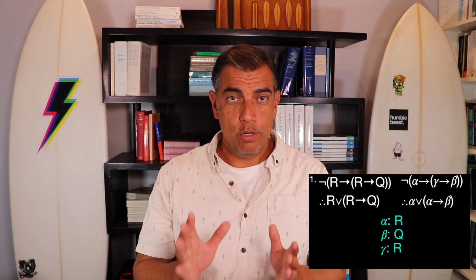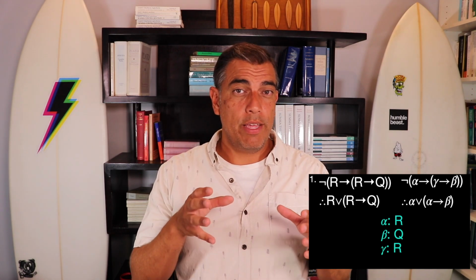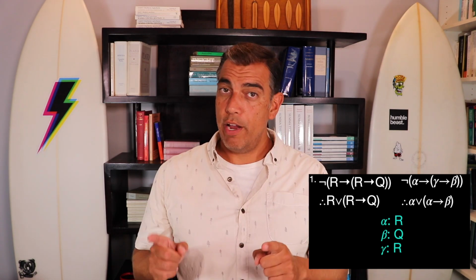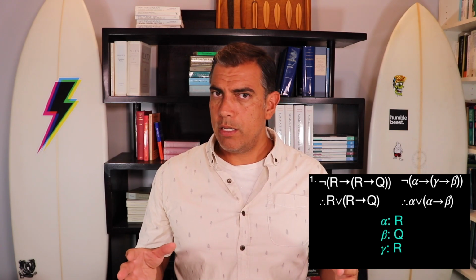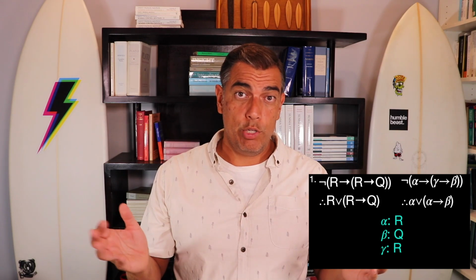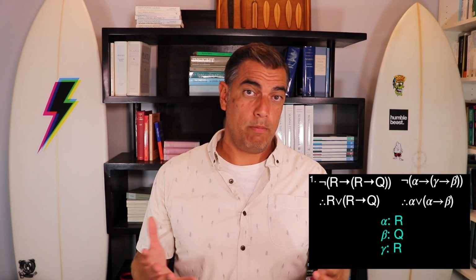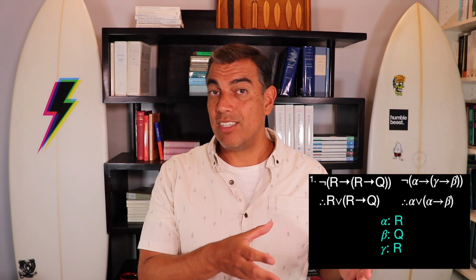So now my new argument form is: it's not the case that if alpha, then gamma, then beta, therefore either alpha or if alpha, then beta. Notice I put that gamma in for just one of those alphas, and I could have chosen any one of them. I could have done it for multiple of them. I could have done it any way that I want to, and each one of those would be a different argument form that this is an instance of. So that is remembering 2a.